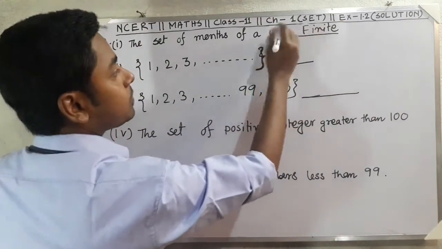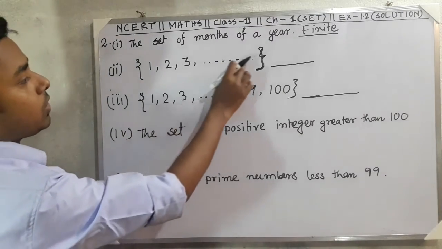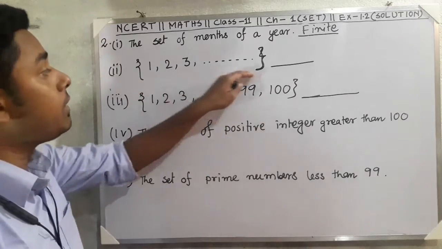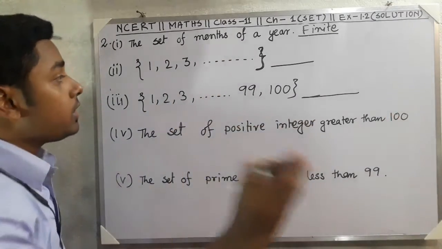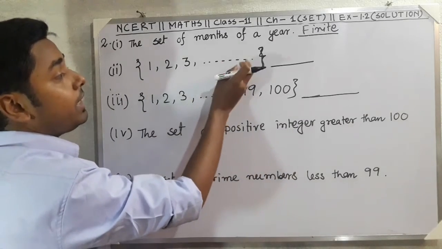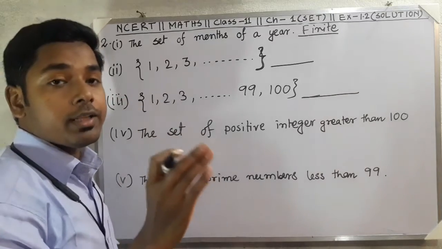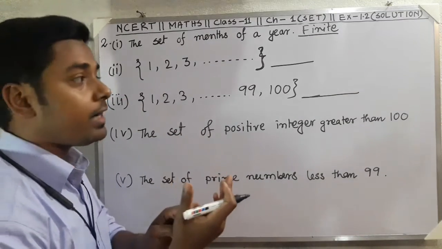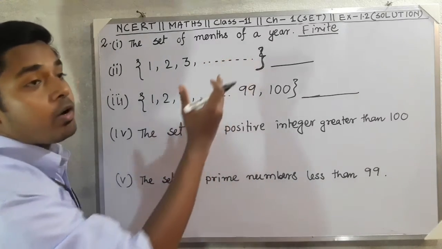I'm writing here, this is a finite set. Now question number 2, 1 2 3 dot dot dot. Dot dot means it is continuing, it does not have an ending point. I told you how to identify a finite or infinite set. Infinite means you will not have an ending point.